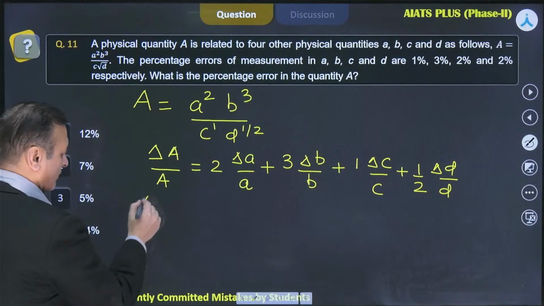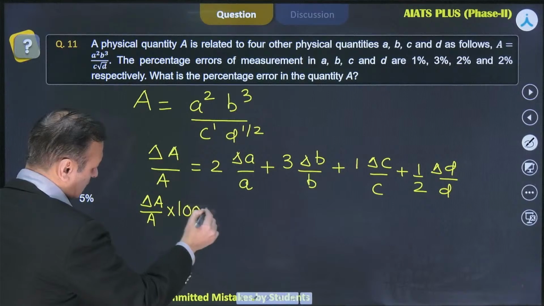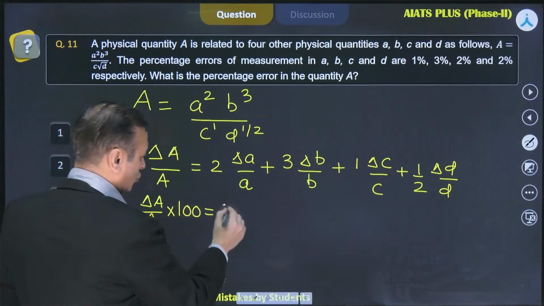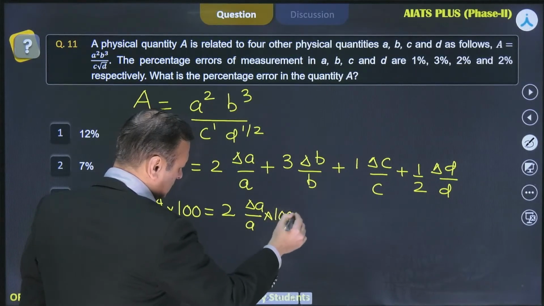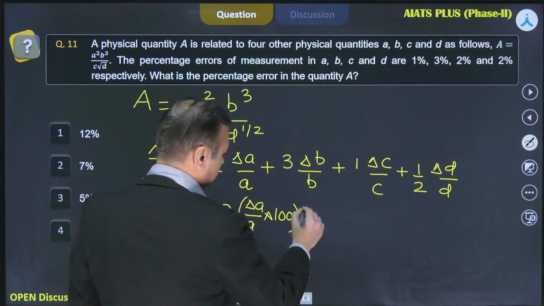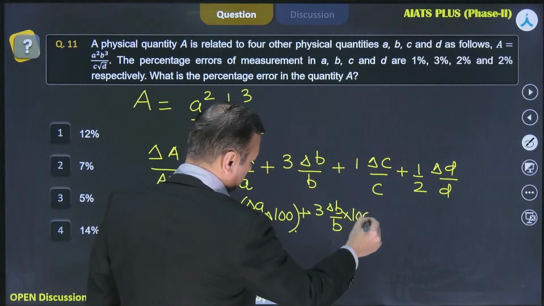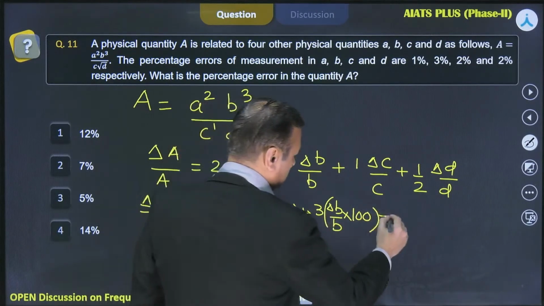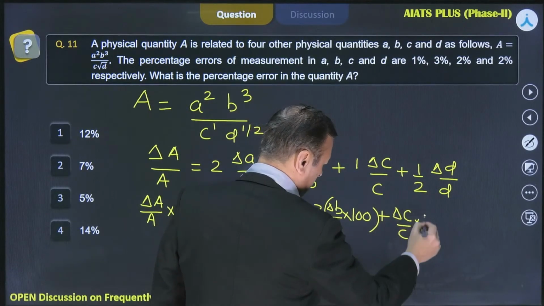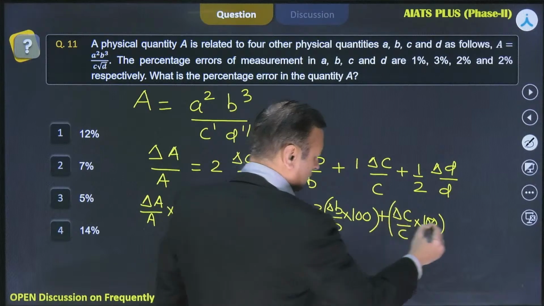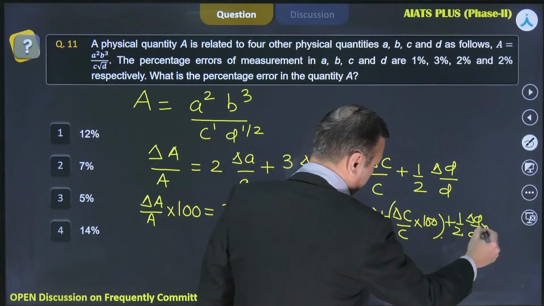So what you will end up with is delta A by A into 100 equals 2 times delta a by a into 100, plus 3 times delta b by b into 100, then 1 time delta c by c into 100, plus half time delta d by d into 100.